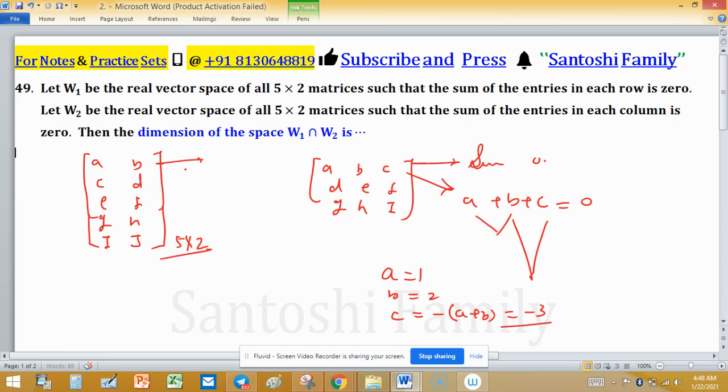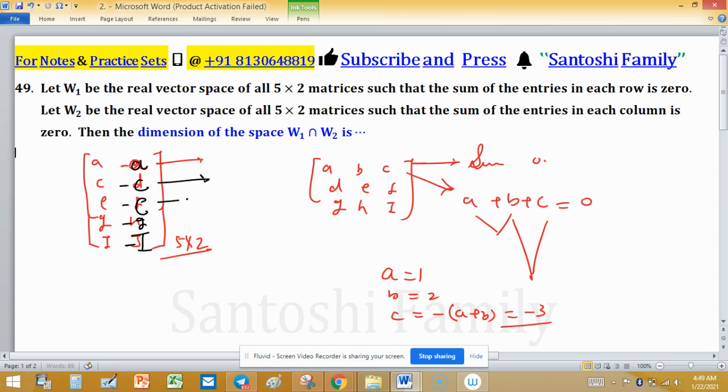Suppose this is the condition for W1, that each row sum is 0. It means if A is a non-zero entry, then B will be minus A. I changed the pen color so you can see better. If C, then it will be minus D, and so on for the other rows.